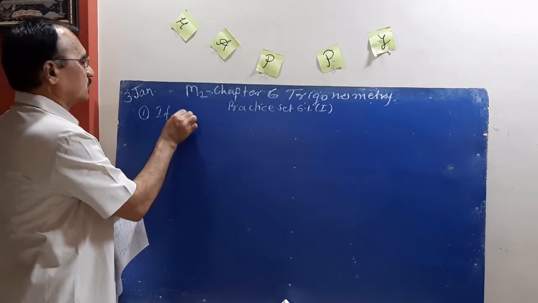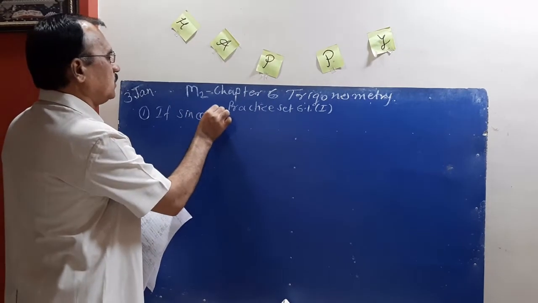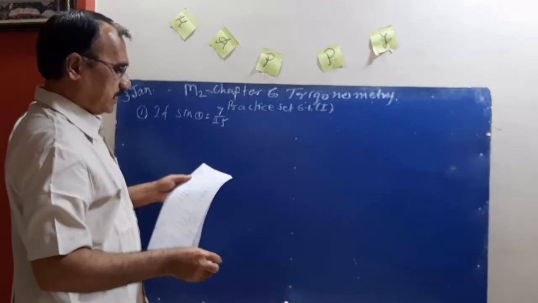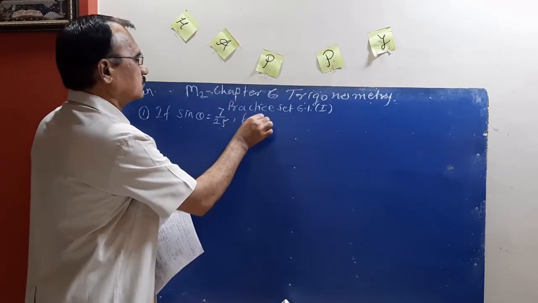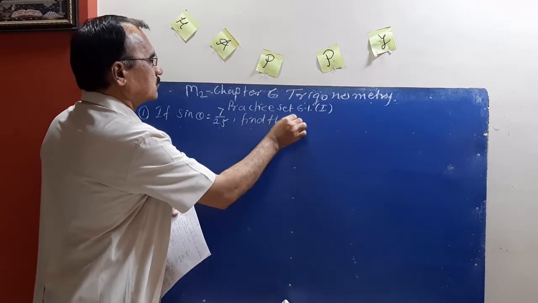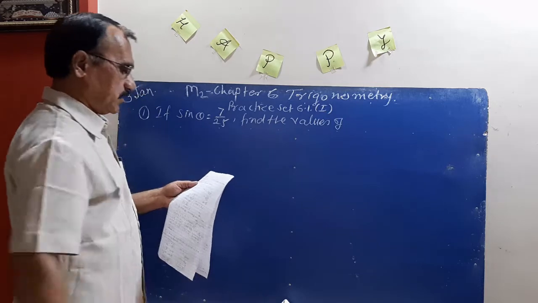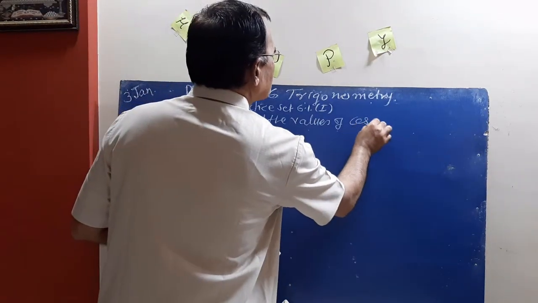If sin theta is equal to 7 upon 25, find the values of cos theta and tan theta.